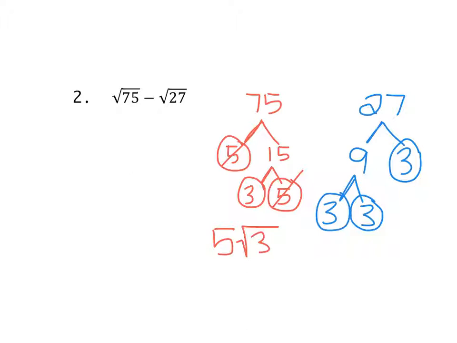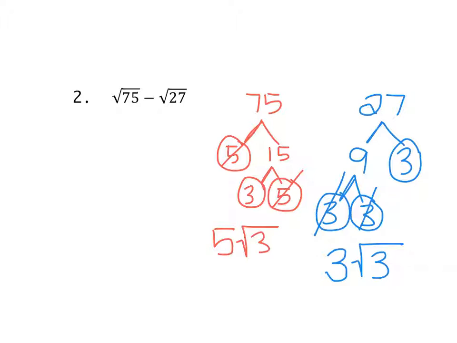Yes, we have 1 pair of 3, so we write 3 once, and we only cross out the pair, so we can only cross out 2 3's. Do we have anything left over? Yes, we still have 1 3 left over. So the square root of 27 is the same thing as 3 square root of 3.